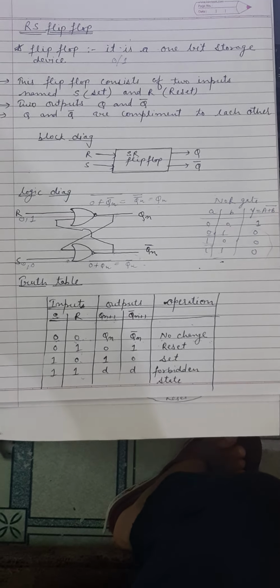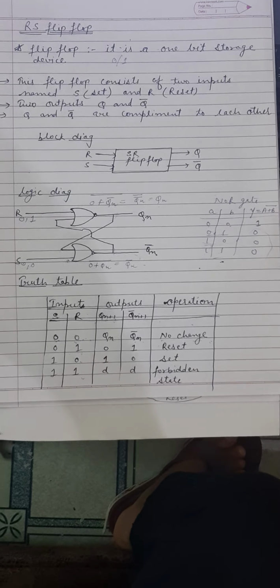Here Qn denotes the present state and n plus 1 denotes the next state. That means whenever we provide new inputs, the next state will be derived. And in this truth table one of the columns is operation. It means when we give input and get output, what operation is being performed.